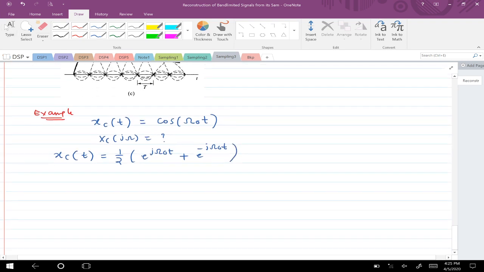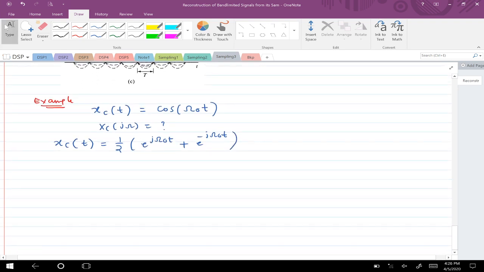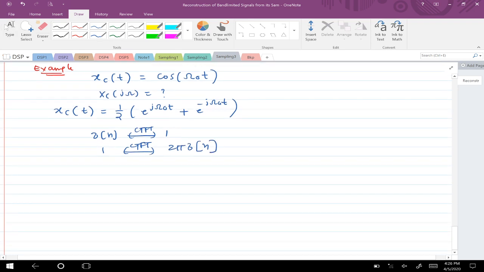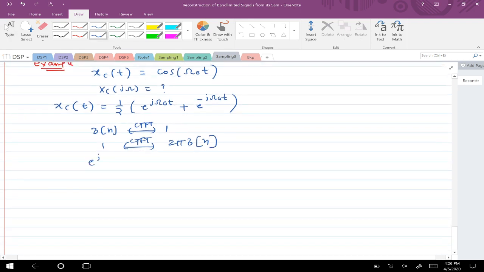How do you find the Fourier transforms for this? For delta of t, the CTFT is 1. So from 1 you get 2 pi times delta of omega. Now you use multiplication by e power j omega naught t.